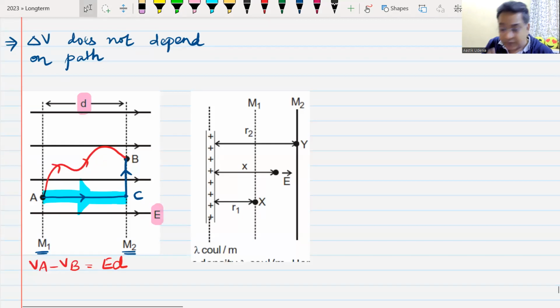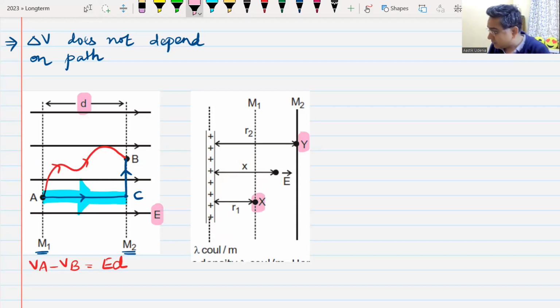Now, we had seen the electric field due to an infinite line charge. And I told you we cannot find the absolute potential, because absolute potential is not defined, as we cannot take any point whose potential is taken as infinity. But we can find the potential difference between two points. This is point X and this is point Y. How are we going to find the potential difference? We are going to use the electric field.